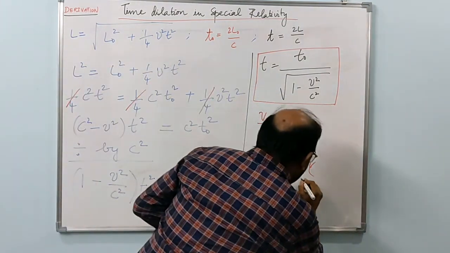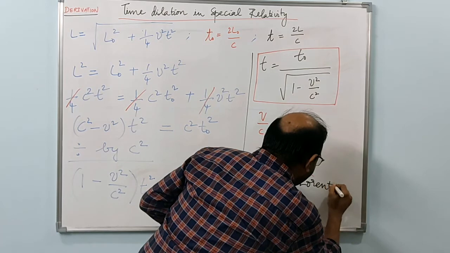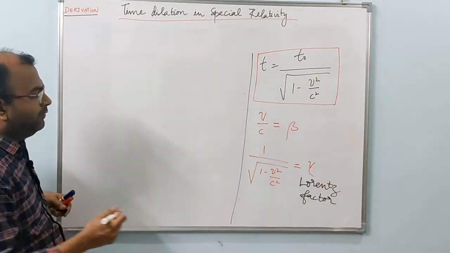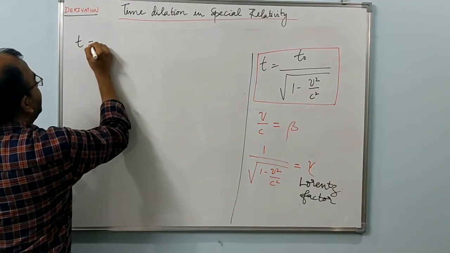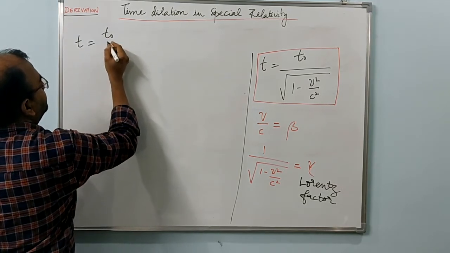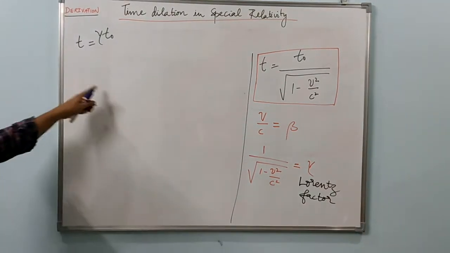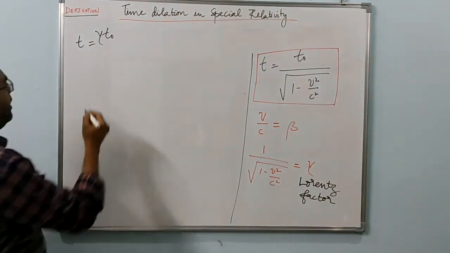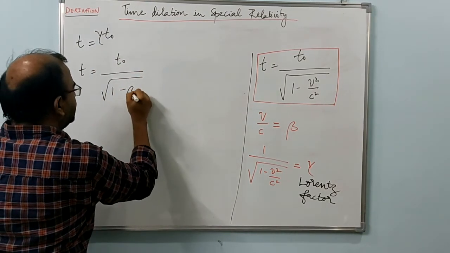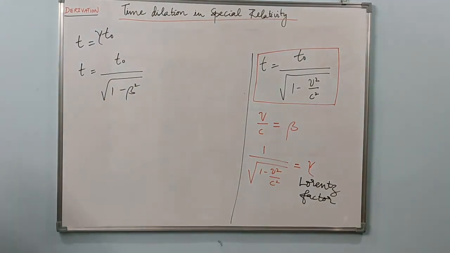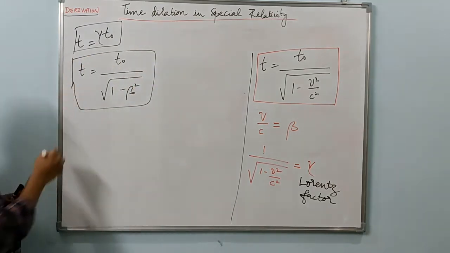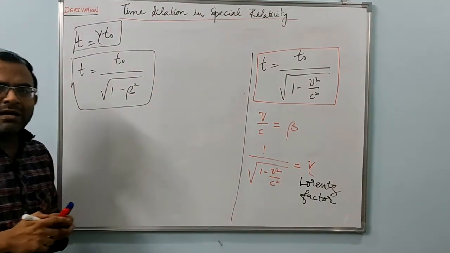This is called the Lorentz factor. So one can write the same expression as t equals gamma times t naught, because gamma is 1 over the square root of 1 minus beta squared, or t is also equal to t naught over the square root of 1 minus beta squared. So these are the different ways in which you can write the expressions for kinematic time dilation.